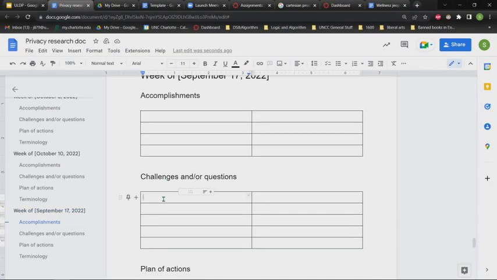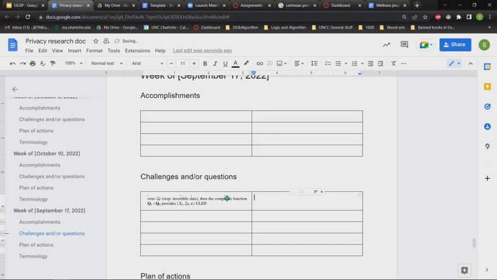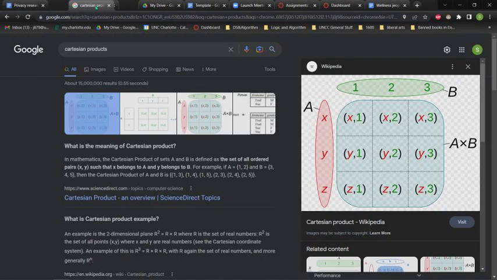I think I've learned this in logic and algorithm. What is a circle?